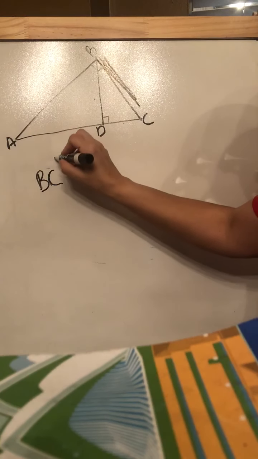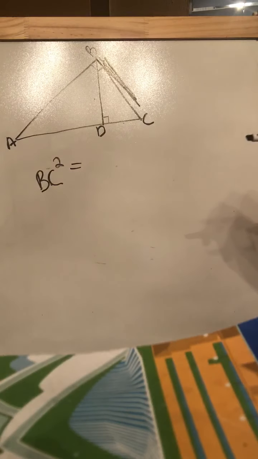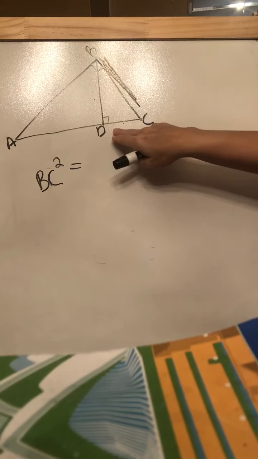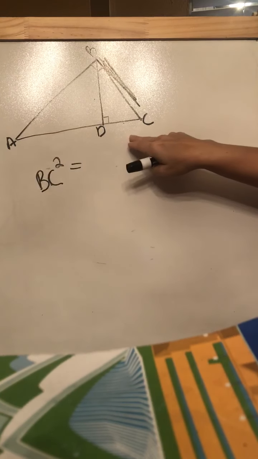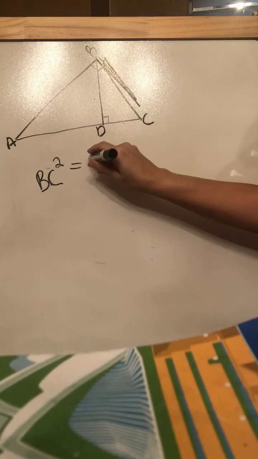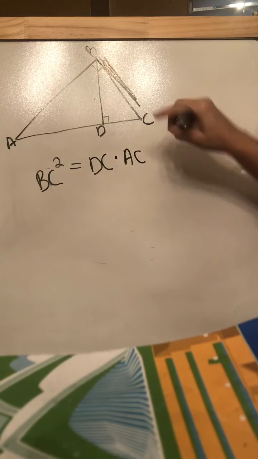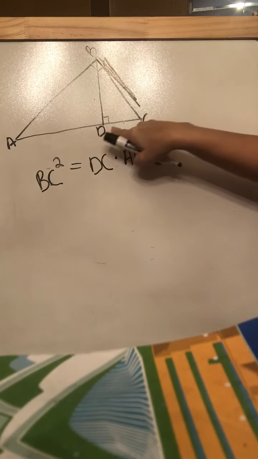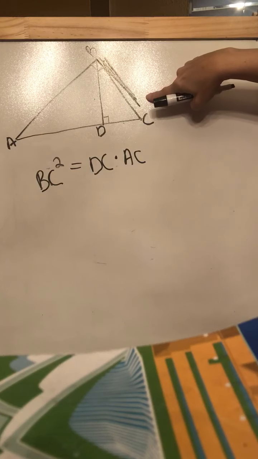So BC squared is going to be equal to the side that the leg is connected to times the entire thing. So in this case, it would be DC times AC. Side it's connected to, DC, times the whole thing. That's going to give you this leg over here.